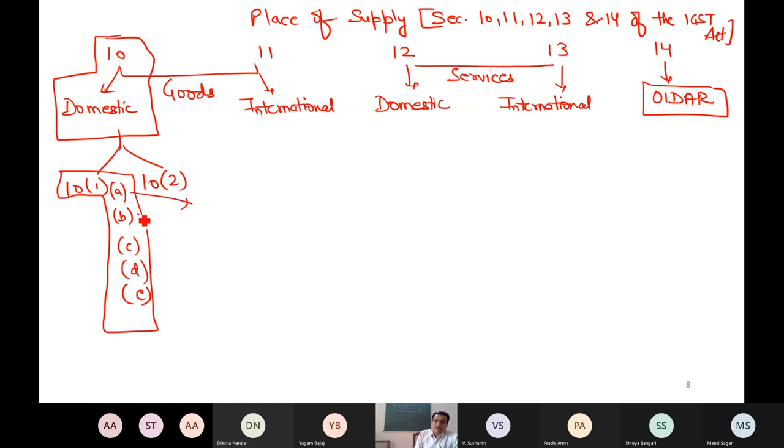So there are 5 different types of supply of goods which can happen. Don't you think it is an interesting point? Normally you would think that when someone supplies goods, it's easy to know the place of supply, but no. In reality, there are 5 different things which can happen.